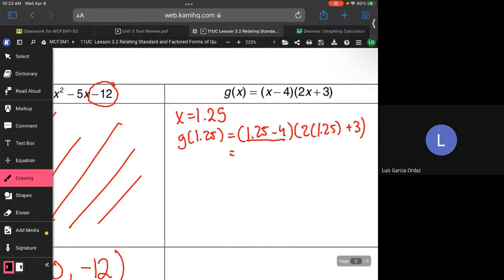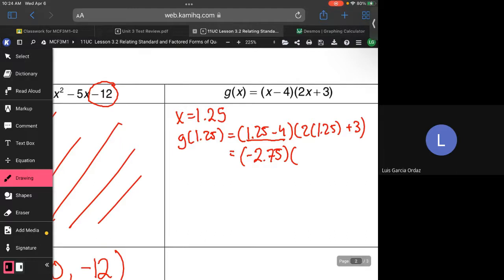So what is my first bracket, Brooklyn? -2.75. Perfect. And what does my second bracket simplify into? So I know 2 times 1.25 is what? It's 2.5.